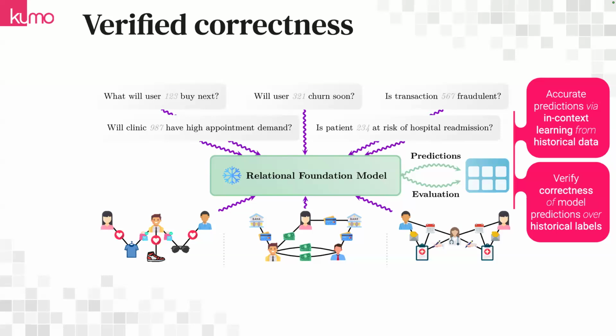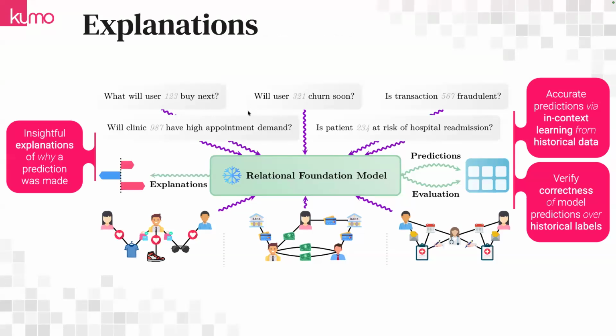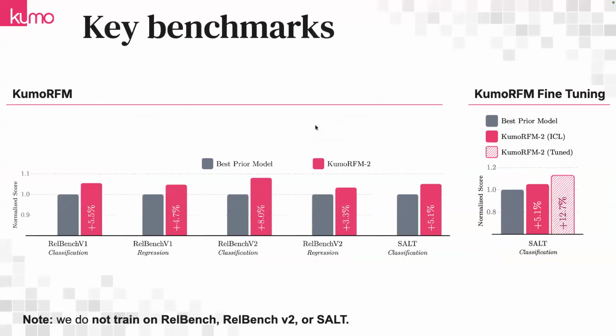But predictions are not just about accuracy, but also about learnings. So to this end, predictions should be accompanied with explanations, providing insights into why a prediction has been made. This allows not only fast, but also informed and confident decision-making. And Kumo RFM delivers all of this, and we've got numbers to prove it.